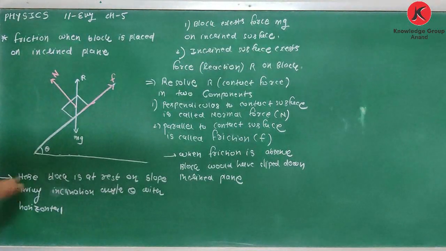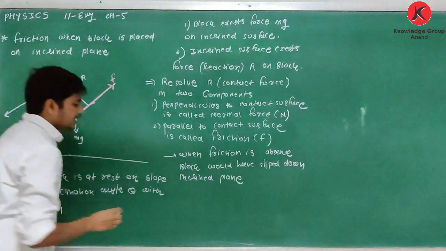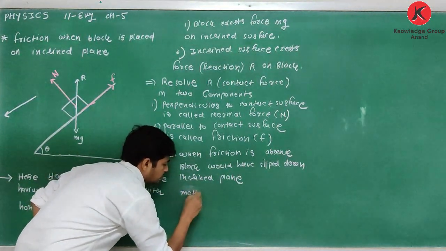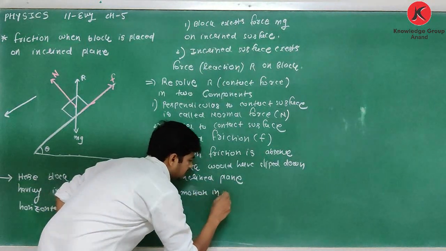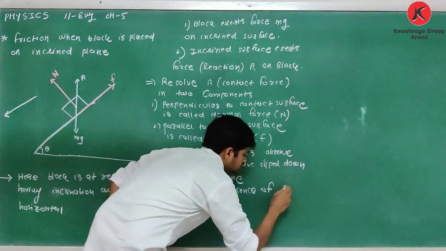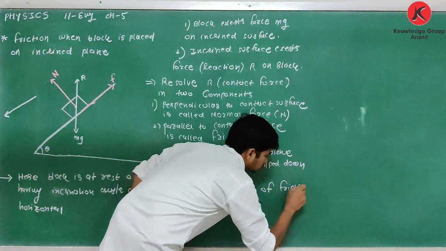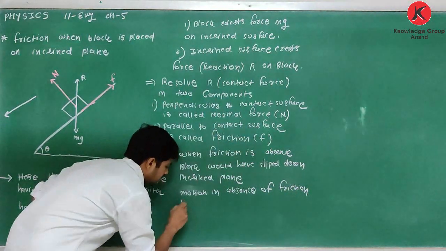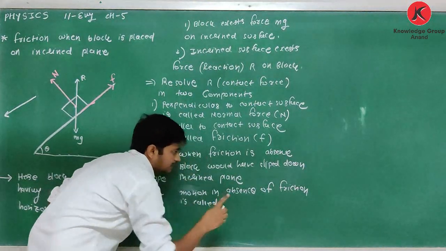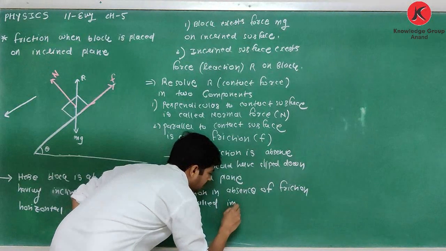Okay, so yes, this block would have moved in this direction, and it is called motion in absence of friction. Motion in absence of friction is called impending motion.